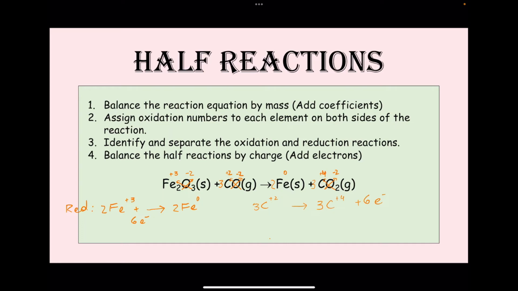So as you can see, the number of electrons lost and gained is the same. So balancing the equation at the beginning is really going to save your life. So we said carbon is oxidizing. So there you have it, your two half reactions, oxidation half reaction and reduction half reaction.